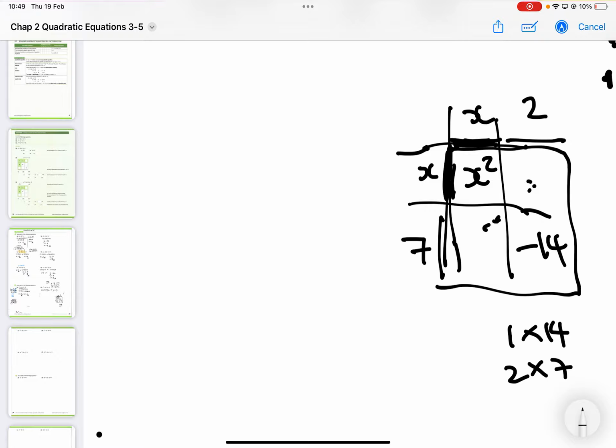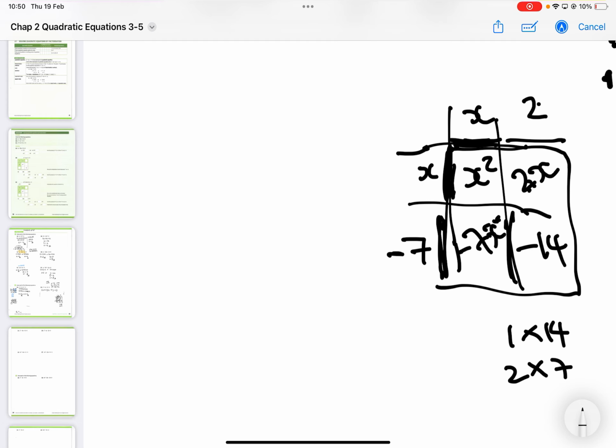Then I see this one is minus 5x. Minus is more than positive, so I want the bigger number to be minus. So this is minus 7. Minus 7 times 2 is negative 14, correct? Then minus 7 times x, I will have minus 7x here. Then this one positive 2, this one is x, so I multiply together is 2x.